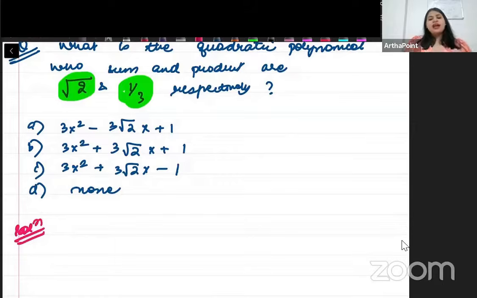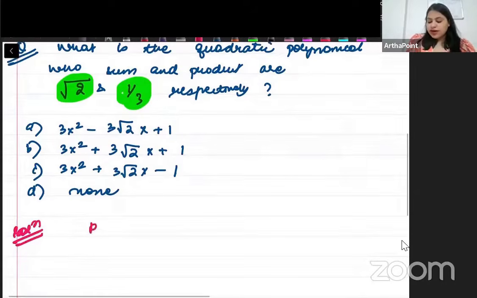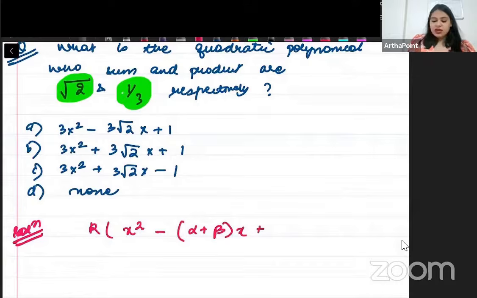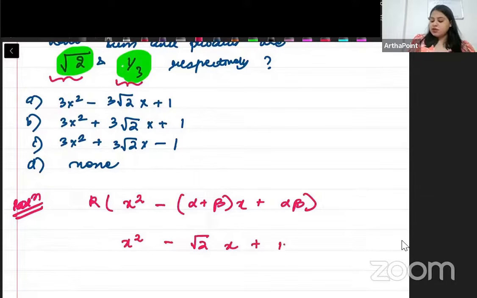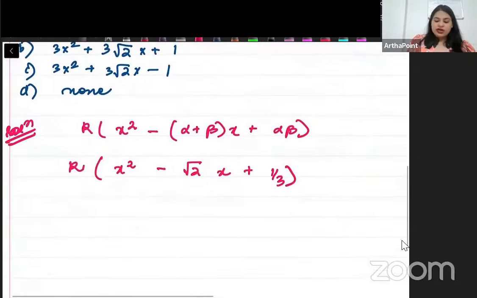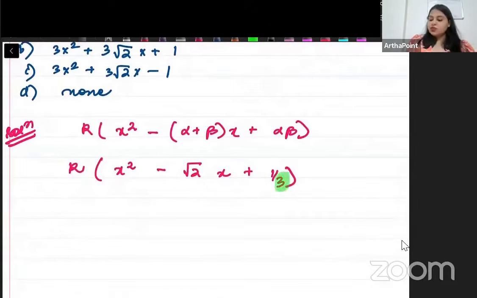Okay, beta. I just taught you this. You have to write the equation in the format k into x square minus alpha plus beta x plus alpha into beta. This is how you can write this equation. It is given to you that alpha plus beta is root 2, and alpha into beta is 1 by 3. I told you we don't need anything in the denominator. Denominator should be 1.